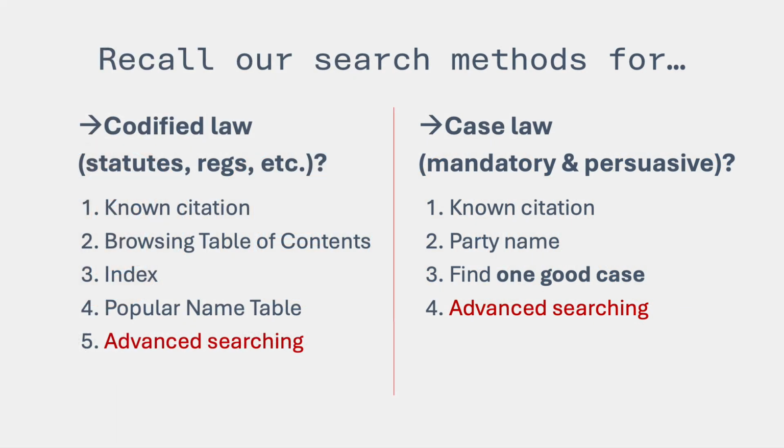So, moving into our search methods for both codified law and case law, we talked about several different methods for each of these. With respect to codified law, again, that would be your statutes, your regulations, your court rules, etc. So we talked about known citation, right? So that's great. If you have a known citation, you know which statute or regulation you're going directly to.